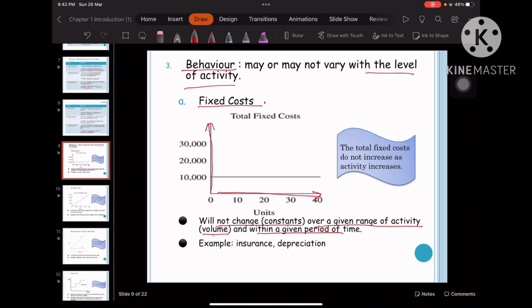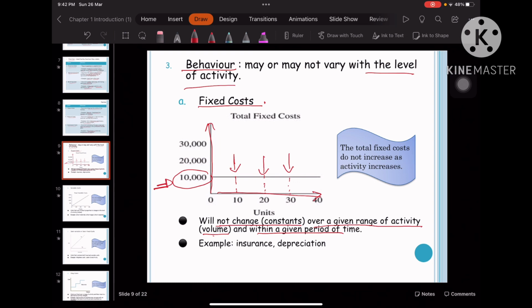For example, it doesn't matter whether you produce 10 units, 20 units, or 30 units, the depreciation of the machine per year is still 10,000. It doesn't matter whether this figure or this figure, the cost is still the same, which is 10,000.